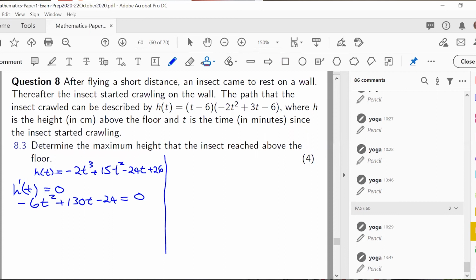We can divide by minus 6 on both sides, getting t squared minus 5t plus 4 equal to 0.